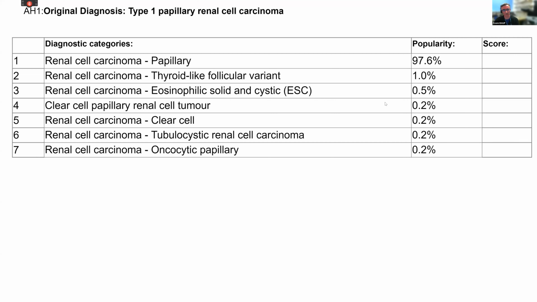I didn't think it looked like that. It didn't look very clear cell, and the nuclei were at the basal part of the cell. And the other two, I should say, didn't look right. The oncocytic papillary, so one person has included that. In the 2016 classification, oncocytic papillary was described in the papillary chapter, but it's fallen out of favour in the latest WHO classification.